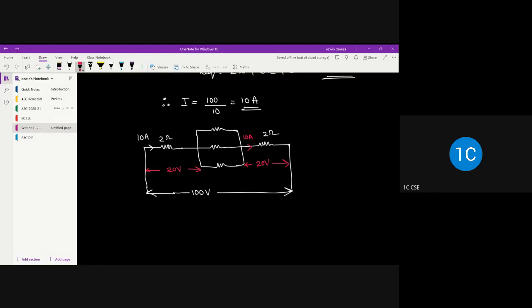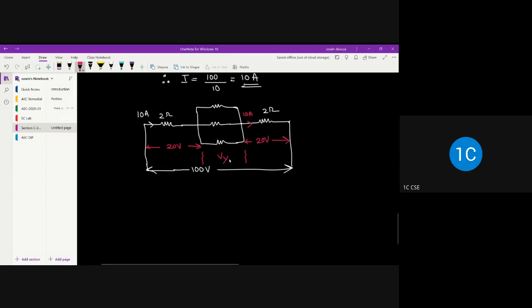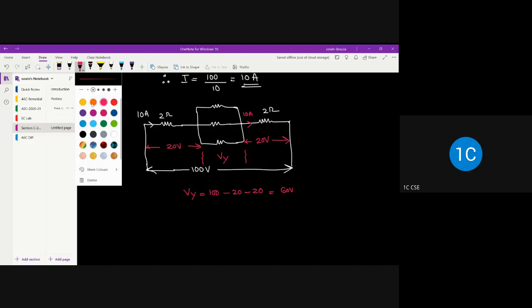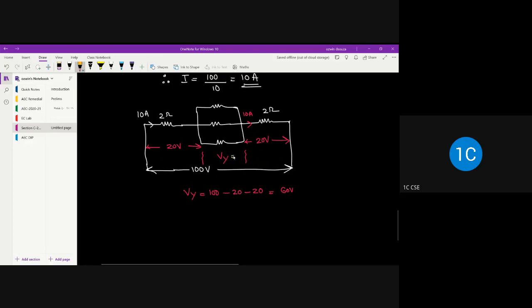So what is the voltage across the parallel branch? Exactly 60. Voltage Vy is equal to the main voltage minus 20 minus 20. So 100 minus 40 is 60 volts. So voltage Vy is equal to 60 volts.